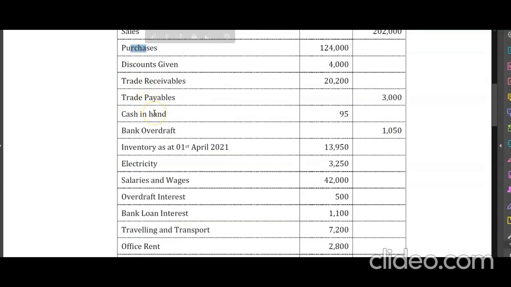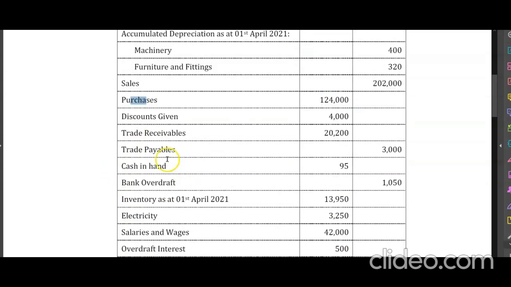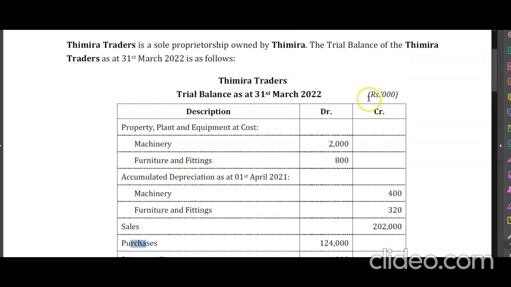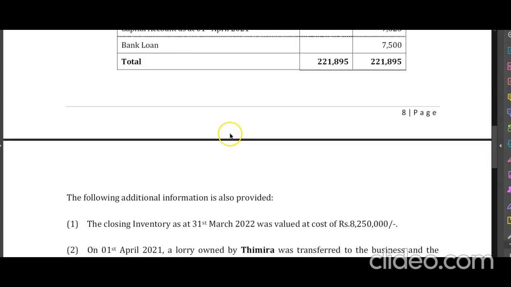The closing balance is required to calculate the cost of sales, so it is given in your additional information. Please note that you should be very careful when providing your answers. It should be in thousands, and the currency is rupees. So let us start to do the questions quickly.